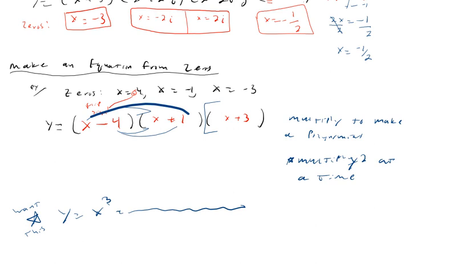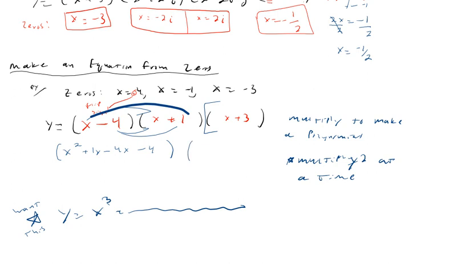Negative 4 times x is minus 4x. And negative 4 times 1 is minus 4. And that thing is going to multiply by x plus 3.